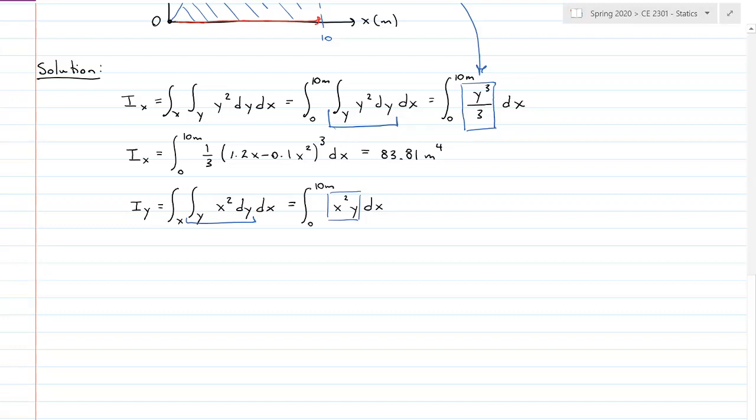Then once again we plug in the y equation in terms of x. So this is going to equal the integral from 0 to 10 meters of x squared times 1.2x minus 0.1x squared dx. When we integrate that, we will find that Iy is equal to 1,000 meters to the fourth.